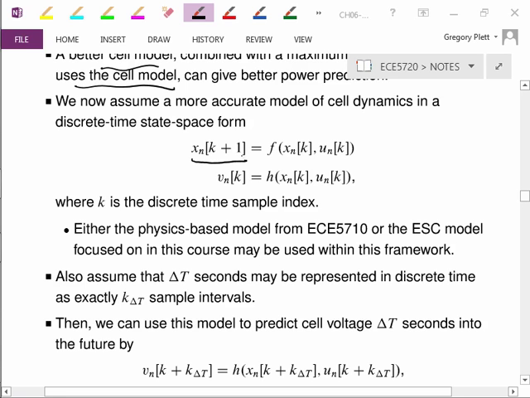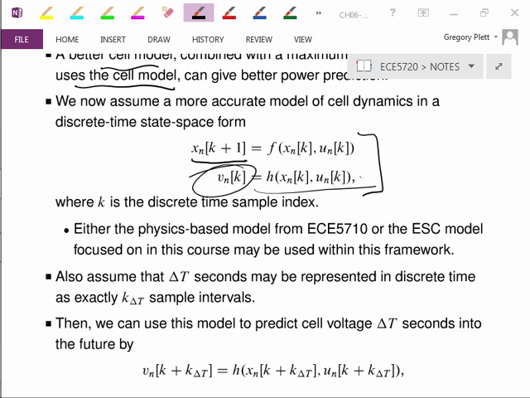It's the same kind of state equation that we've already seen. And then the cell voltage at time k is some other equation based on the state and the input. Here I'm going to refer to the equations generically, but you can go back to Chapter 2 and fill in: that's the state equation for the ESC model, and that's the voltage or output equation for the model.